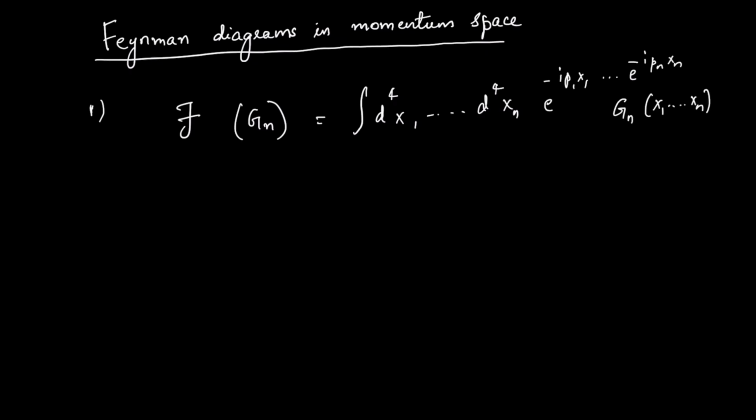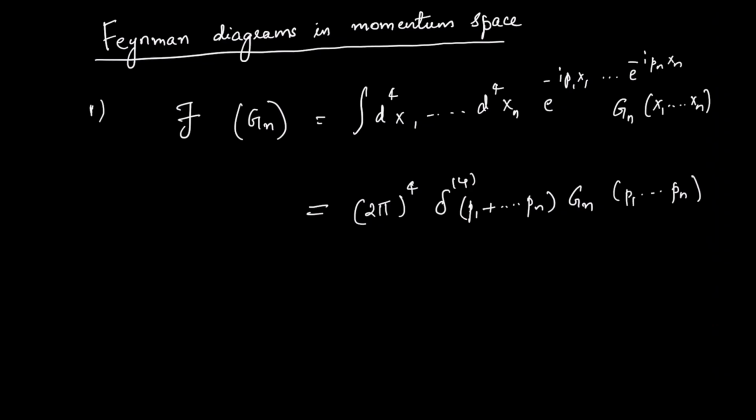From the translational symmetry of the Hamiltonian, we expect that the momentum is conserved. If the momentum is conserved, then I can write this as (2 pi)^4 Dirac delta in 4 dimensions of p_1 up to p_n, times G_n of p_1 up to p_n. So this is the Fourier transform of the n-point function in coordinate space to the n-point function in momentum space.